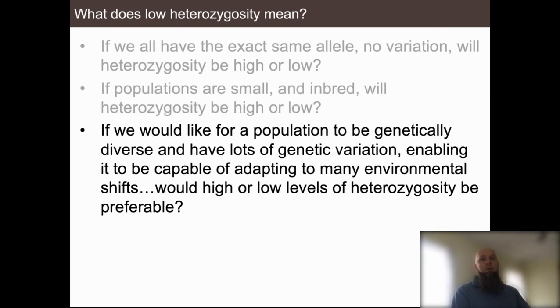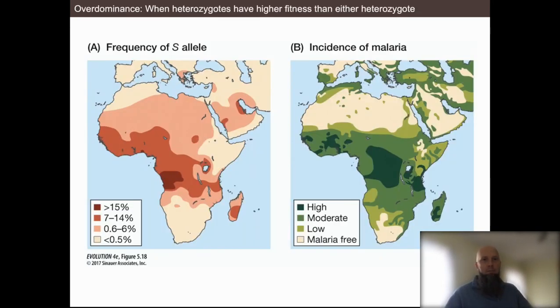So if we want a population to be genetically diverse and have lots of genetic variation, that could allow it to adapt to many environmental changes. Are we going to favor high levels of heterozygosity or low? Okay. So read this section in the text. I want you to think critically about heterozygosity.